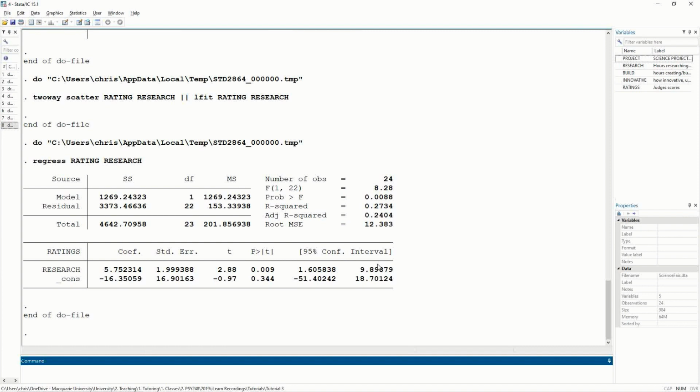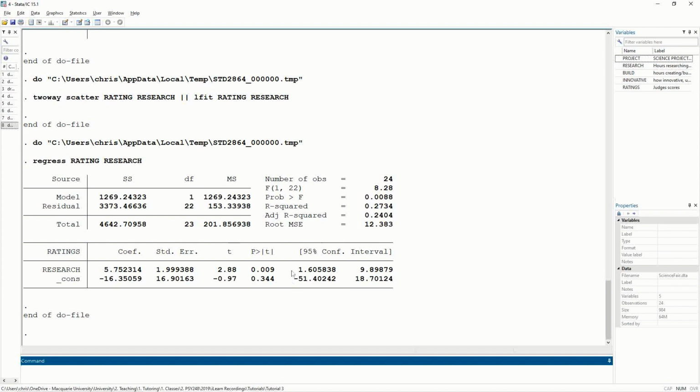This is the equivalent to saying that there is more than a 5% chance that you could get a coefficient of 5.75 when the actual coefficient is 0, when the null hypothesis is true. Now that kind of wording is how we're going to conclude later on, so that's why I'm bringing that in here.